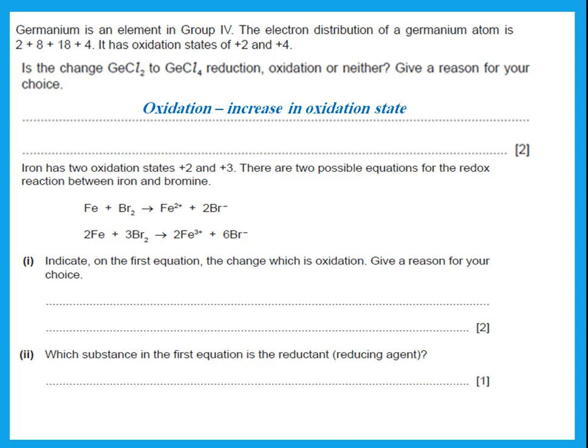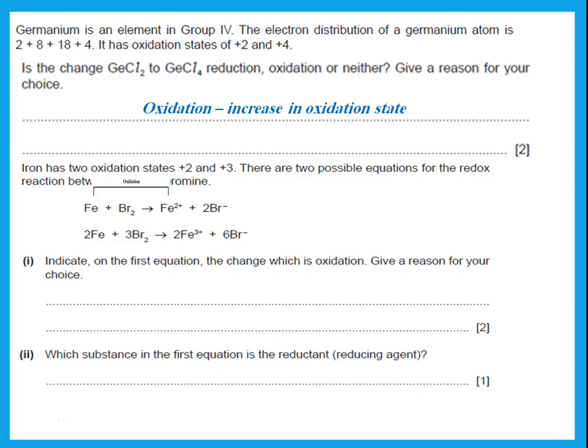In this case, it's Fe. If there is no plus or minus on it, its oxidation number is 0. It is changing to Fe2+. That means the oxidation number is changing from 0 to +2, and that is oxidation.